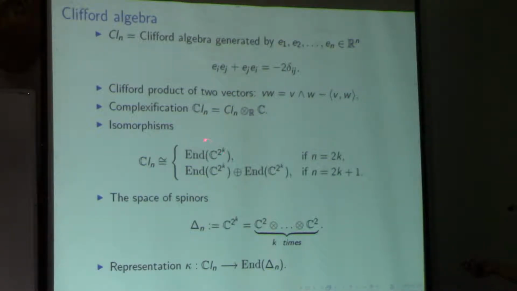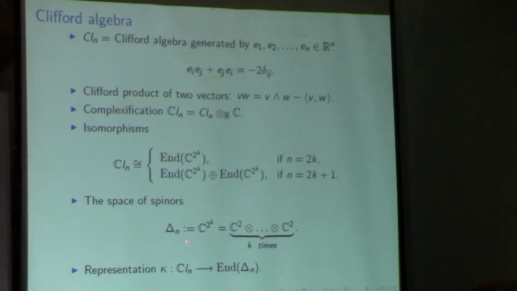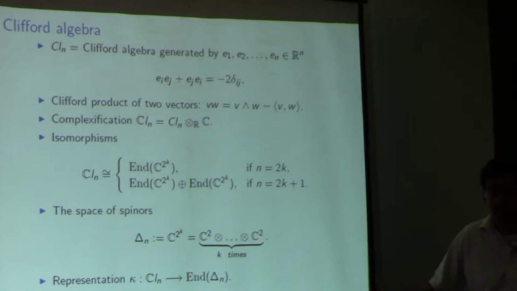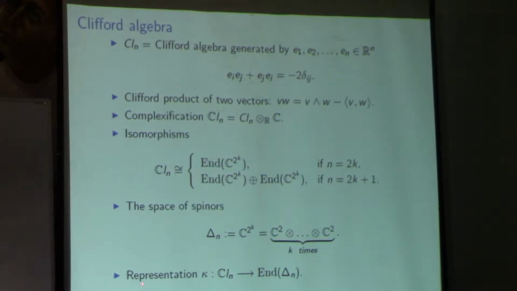Now, it is this space, this big complex space, the one that we call the space of spinors. So it's exponentially big with respect to n. When n is little, this thing is not very big, but once you pass n equals 9 and 10, the thing blows up. Okay?